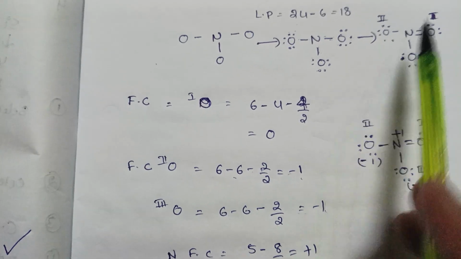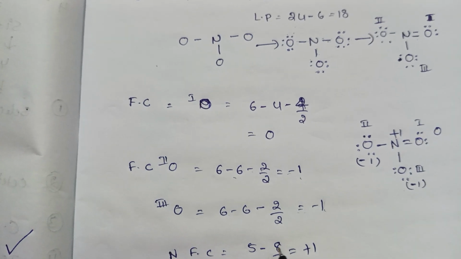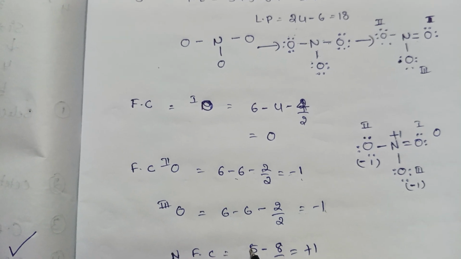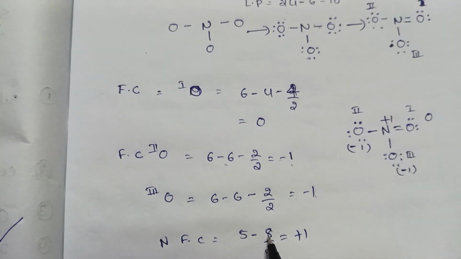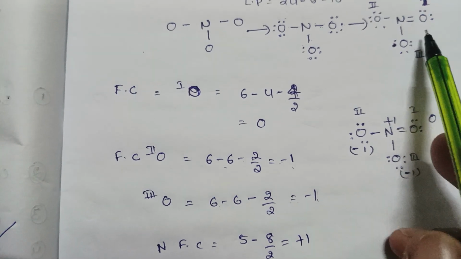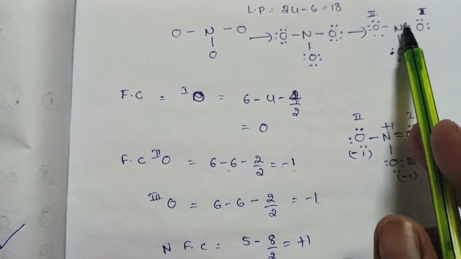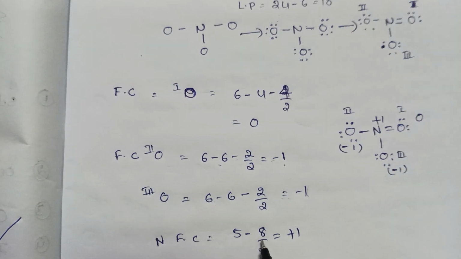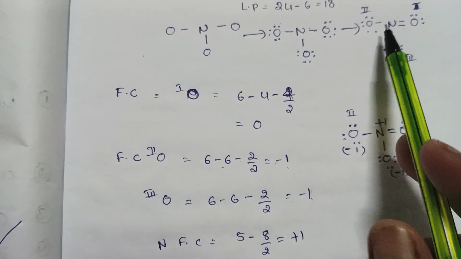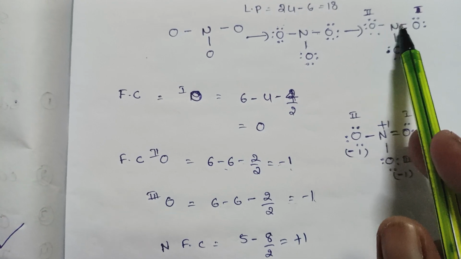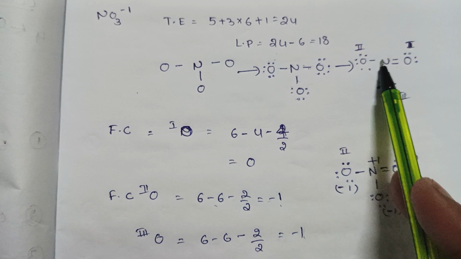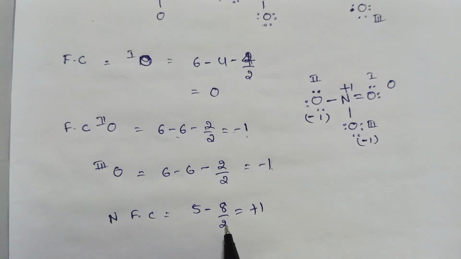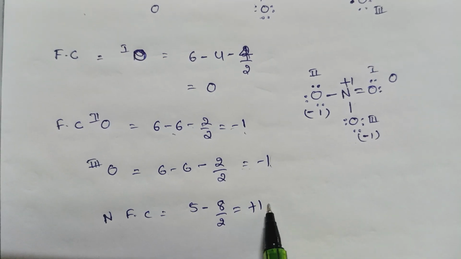For the nitrogen atom formal charge, if we calculate, the valence electrons present in nitrogen are 5, minus how many lone pairs? Here no lone pairs are present. How many bond pairs? 8, divided by 2, we got the plus 1 charge.